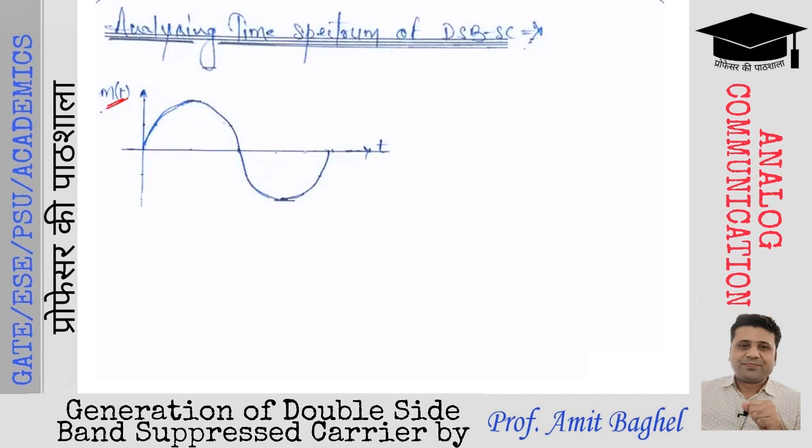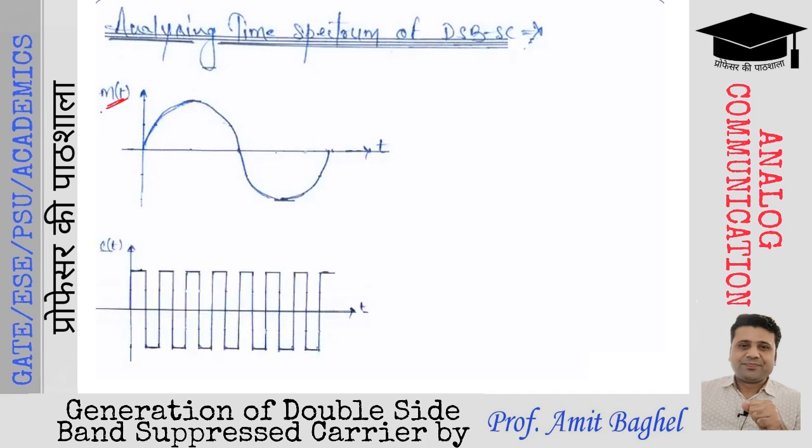This message signal will be overlapped over a carrier signal. And in the case of DSBSC, we are taking a square waveform of the carrier signal. So a carrier signal will have binary values, either +1 or -1.